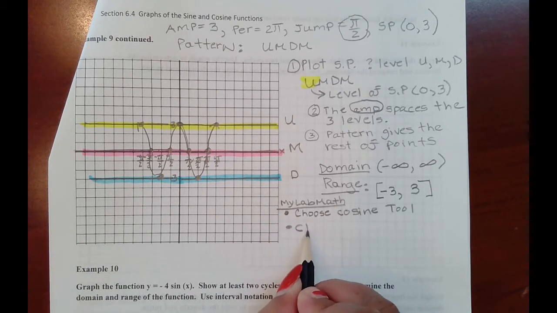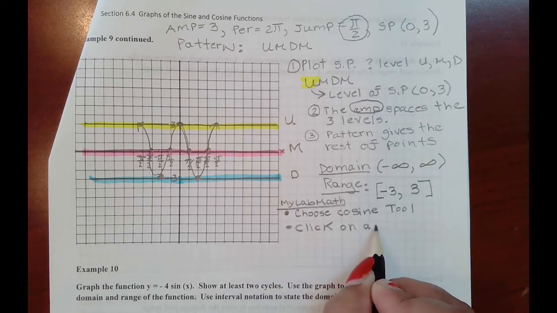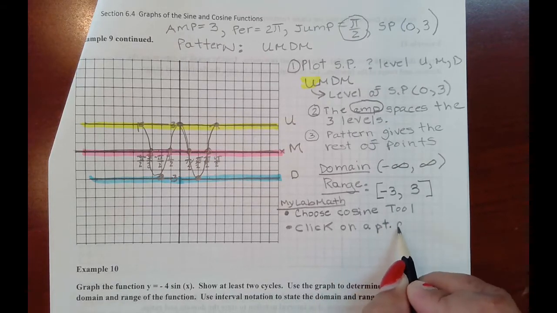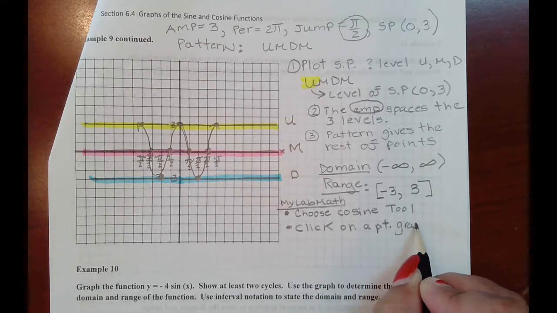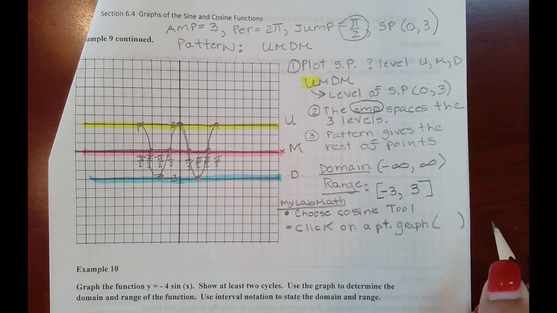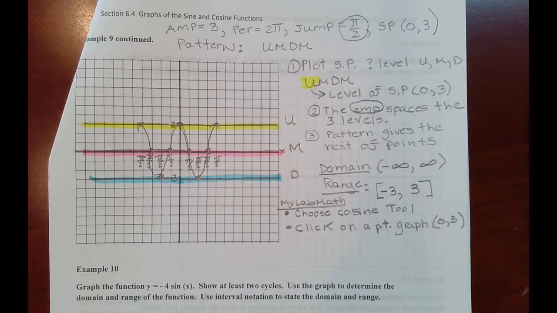Next thing you're going to do is click on a point that's on the graph. And since we've already bothered to figure out what the start point is, you might as well use that one. So you can just click right on 0, 3, and your graph will highlight that you're actually clicking on those numbers, so you won't be guessing at them.